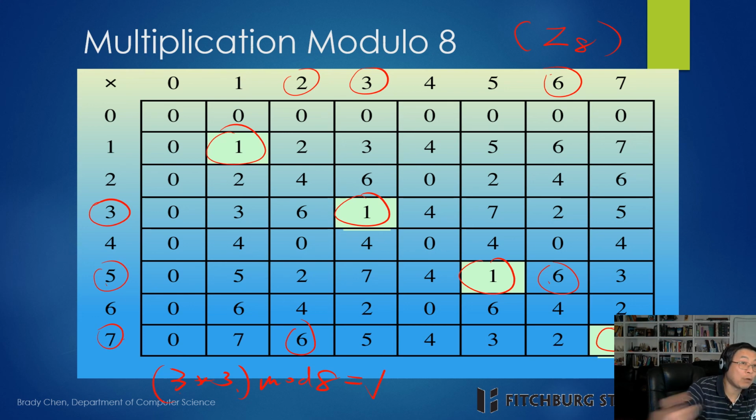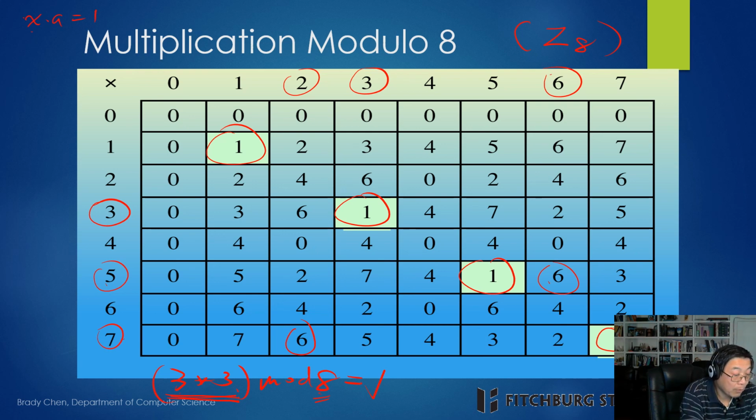Remember that in general math, when we say x times a is 1, then we say x is the multiplicative inverse of a. But in this case, we have a modular operation. So the multiplicative inverse in modular arithmetic can also be defined in a similar way. But there's one big difference between the general multiplicative inverse and the multiplicative inverse in the modular sense.